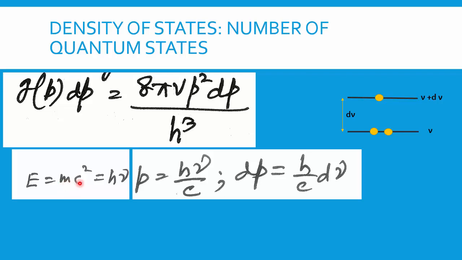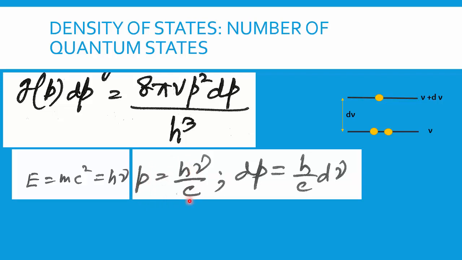If you multiply one c with mass, so m into c, mass into velocity of light will give you momentum. So mass into one c will give you p, and the other c you bring down to the right hand side. So you have a relation between momentum and frequency.